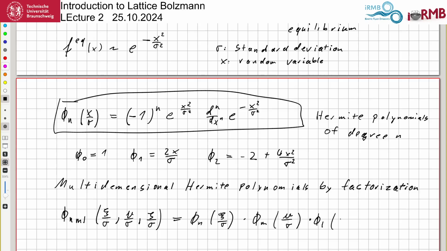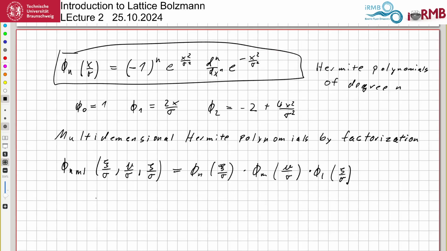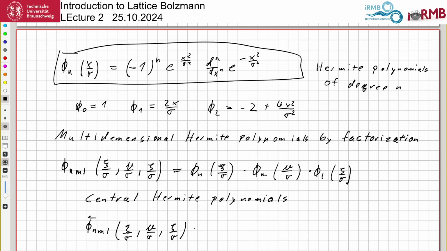Phi l of zeta divided by sigma. And this can also be changed to central Hermite polynomials, where I again use this tilde n m l of xi by sigma, upsilon by sigma, and zeta by sigma.